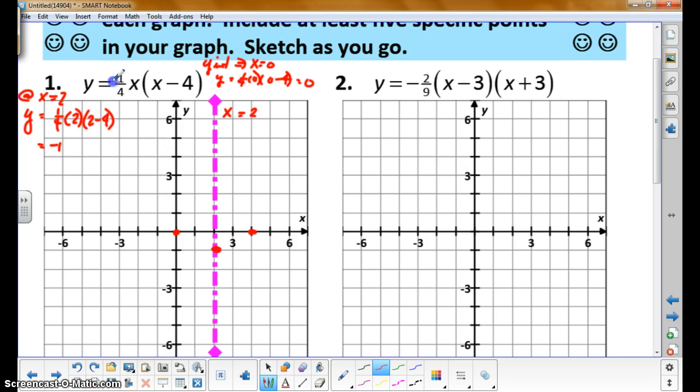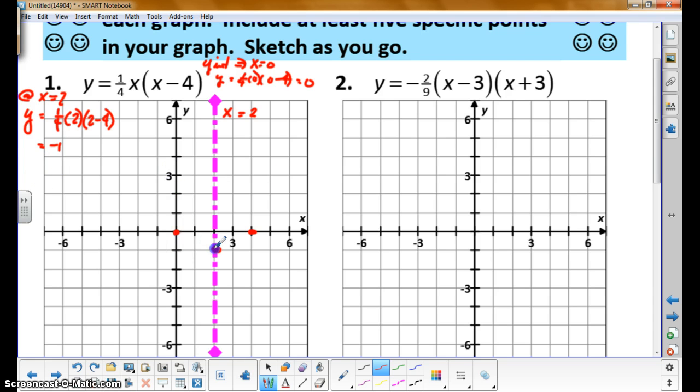This is going to be a really wide parabola that faces up. And that wideness actually comes from A, or the GCF. Okay, so to get a couple more points, we're going to choose one more point, use it to compute the y, and then find its symmetric point.